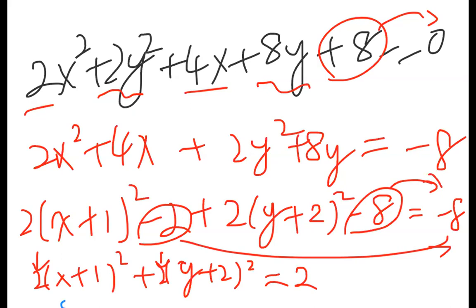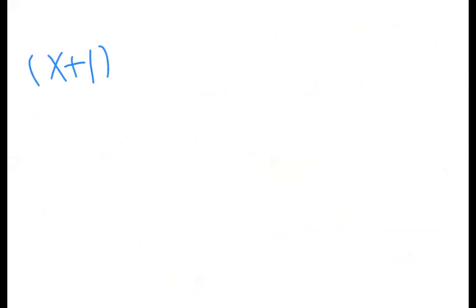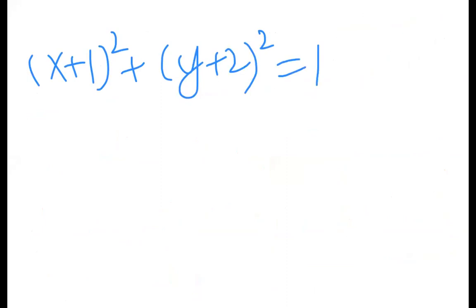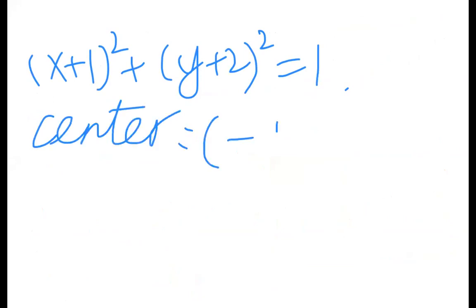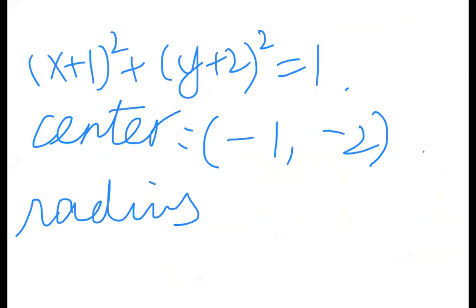Now you just have this as your standard form. From this standard form, you know the center, which is minus 1, minus 2, and the radius, which is the square root of 1, so 1. Okay? Any questions?